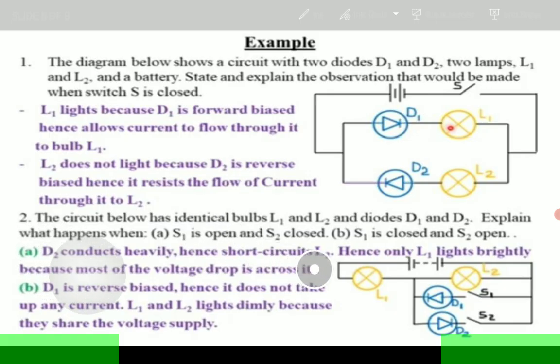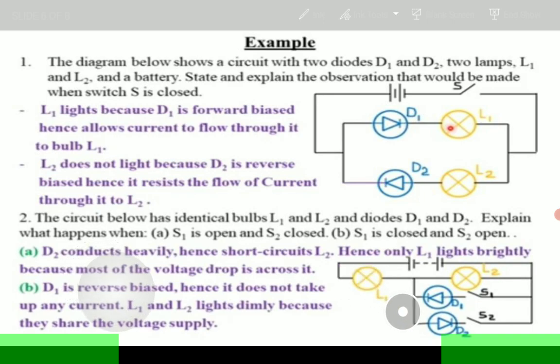If we open switch 1 and close switch 2, current is going to flow through because the n end is connected to the negative of the battery, therefore it's going to conduct, but it will create a short circuit across lamp 2, therefore current will not flow through it, and the current will only flow through L2.